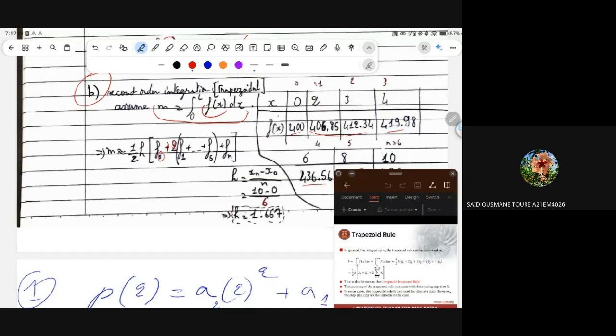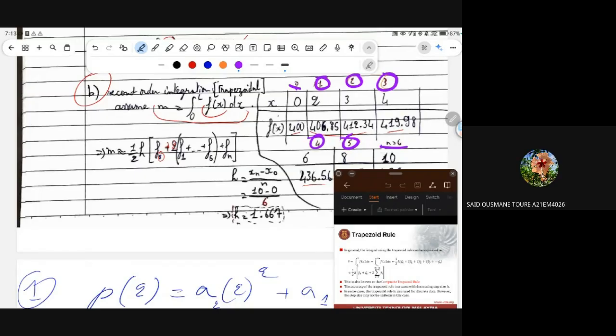F1, F2, F3, F4, F5. This is in between, right? Yes, between 0 and 6, we have 1, 2, 3, 4, 5.